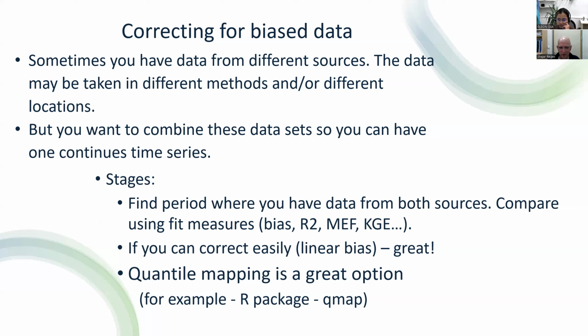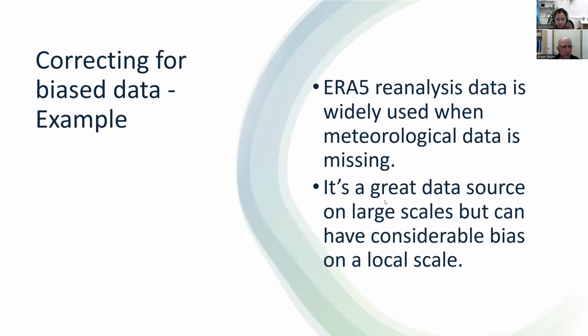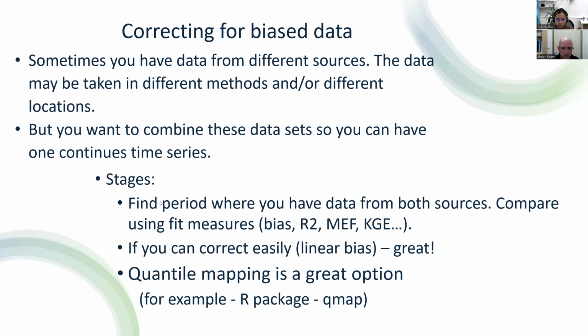So first, the stages I propose: find a period where you have data from both sources and compare them with fit measures, which we will not do today, such as their bias, their R square, or some model efficiency measures like MEF or KGE.